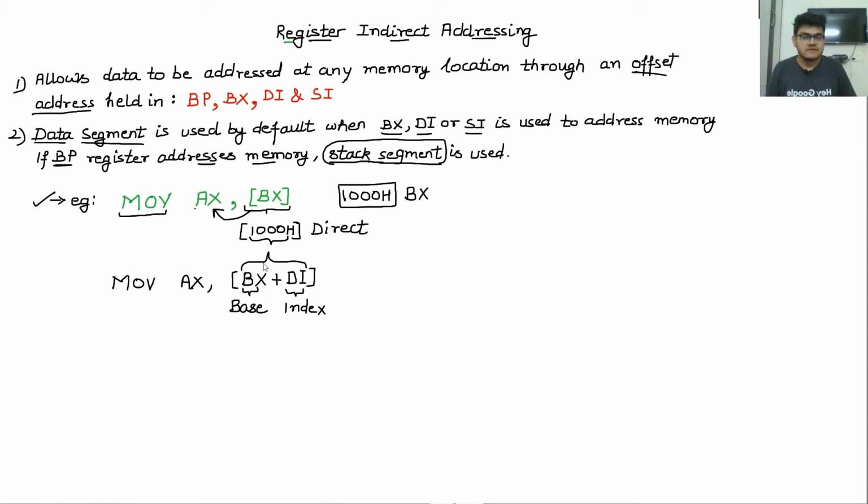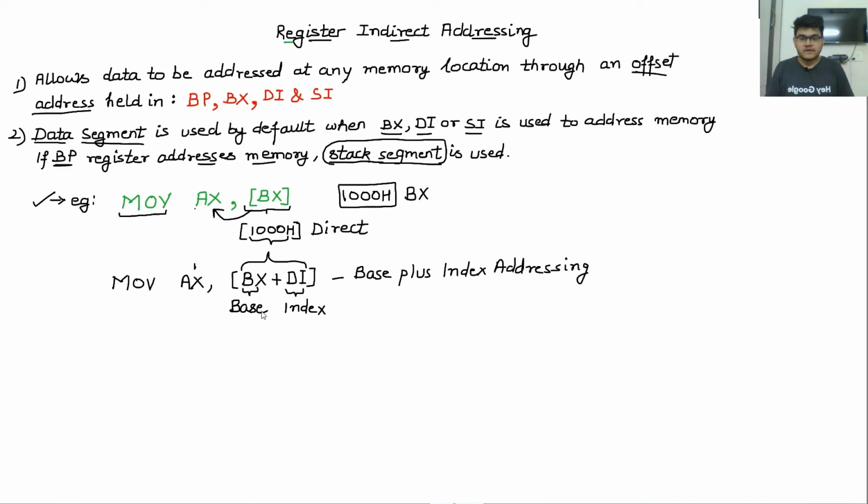Whatever data is stored at this BX plus DI address, we transfer to the AX register. This type of addressing is known as base plus index addressing.